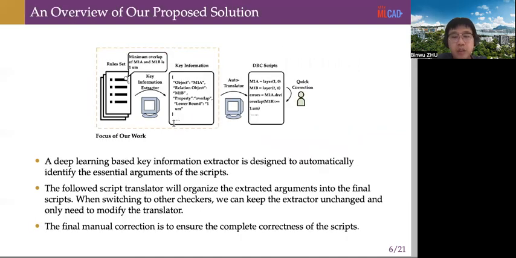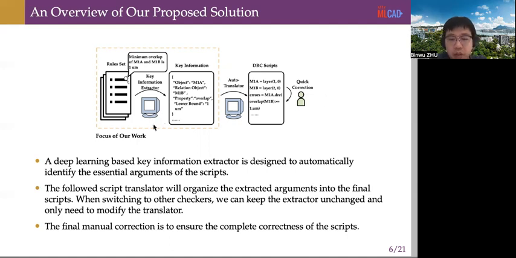In order to achieve this, we design such a script generation flow, which aims at reducing the manual efforts in the traditional flow. In our proposed flow, we utilize a deep learning-based key information extractor to automatically identify the essential arguments of the scripts for the DRC checkers, and the following translator will organize the extracted arguments into the final scripts.